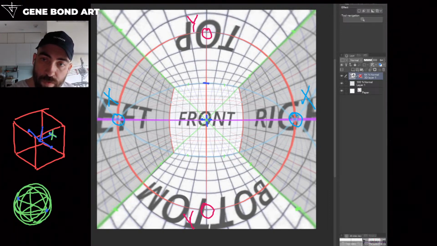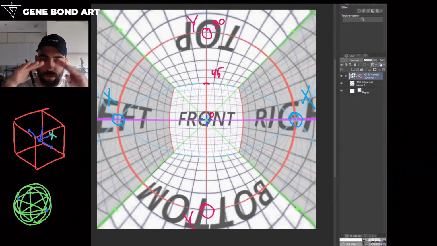So we have 45 degrees here for vertical. Here 0, here 90, here the corner of this box 45. So right now when I look there, I see at a 45 angle.